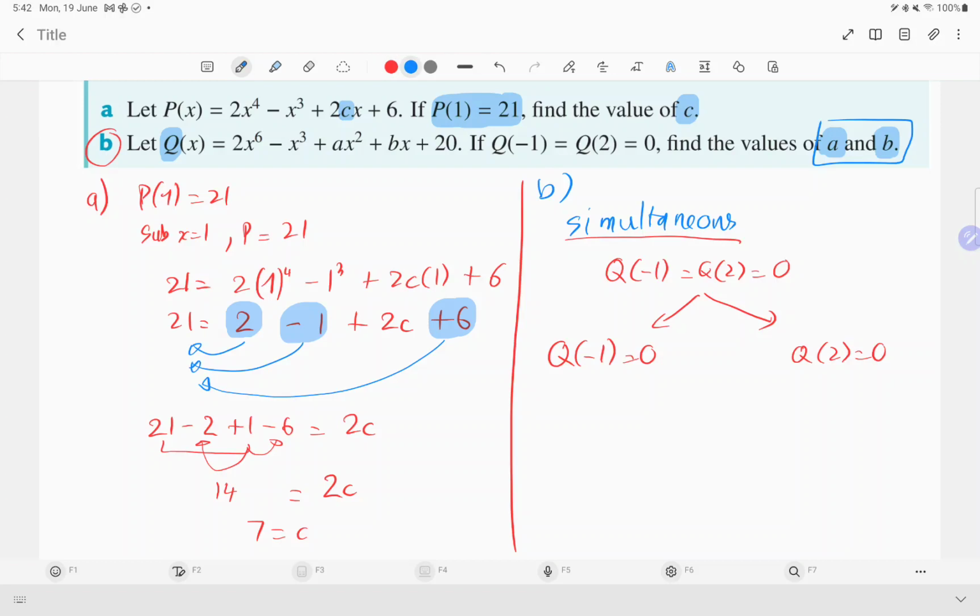So basically it's this equation here. When you sub x equals -1, you get Q equals 0. And that's what we're doing now. So that'll be 2 times (-1) to the power 6 minus (-1) to the power 3 plus a times (-1) squared plus b times -1 plus 20.